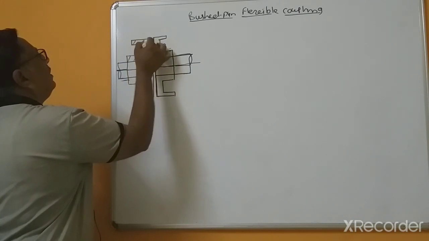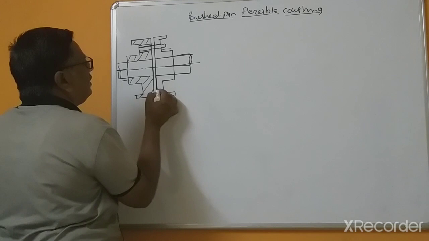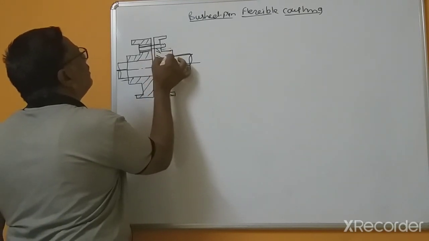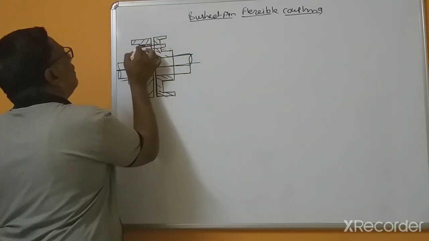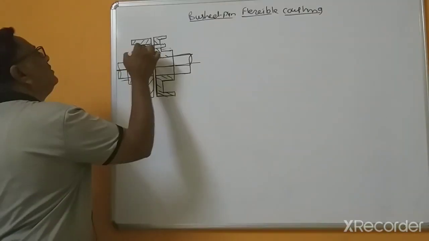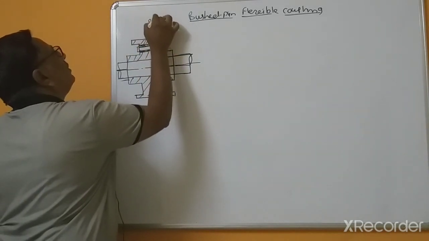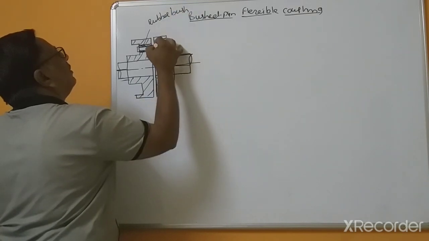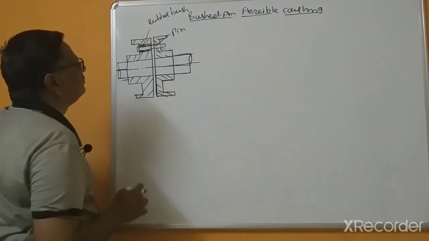This is the solid part, and this is another flange, and this is the hub. This is the bush, rubber bush. This is the pin.